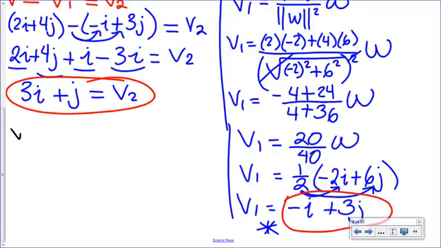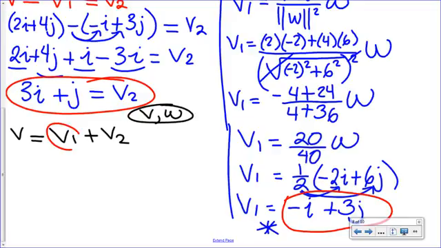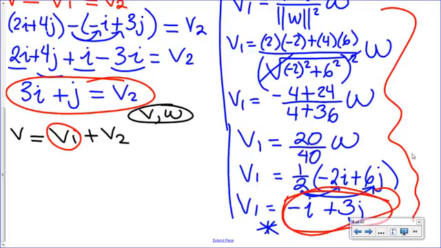So what we did was we took vector v, and we found what those two vectors were. And if you notice, we started from nothing. All we had was vector v and vector w. The first thing we did to find vector v sub 1, we did all this process that is here, and then this is what we found.